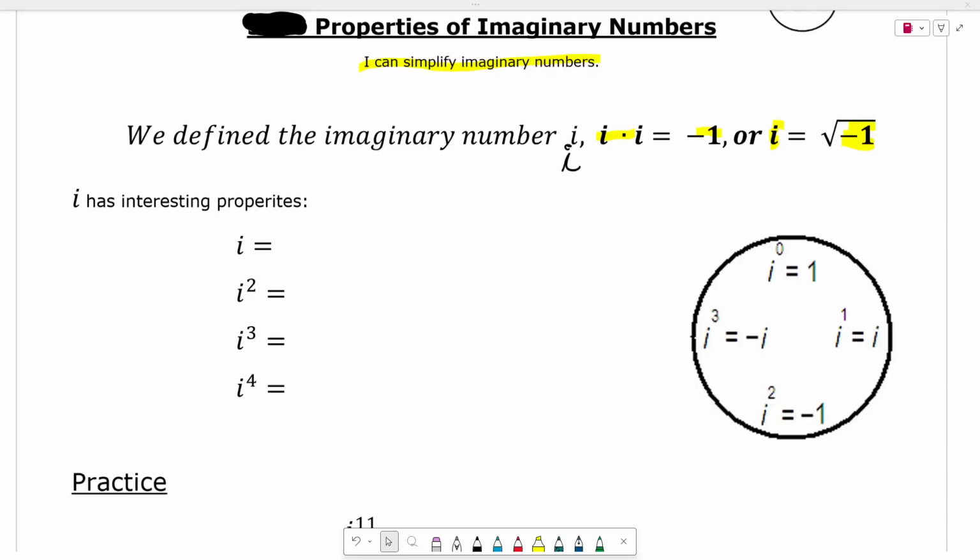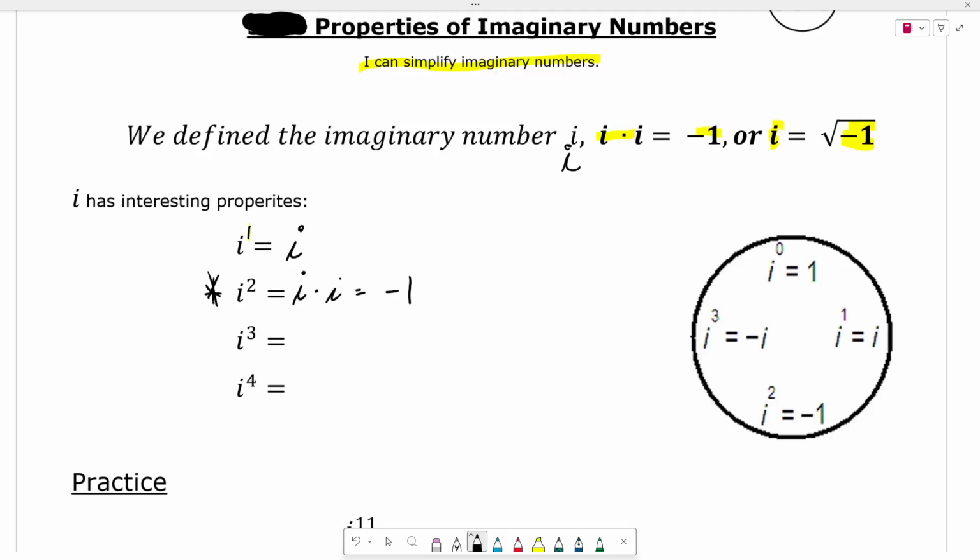Looking at these things here, what is i to the first power? That's just i. I to the second power is i times i, which by definition is -1.